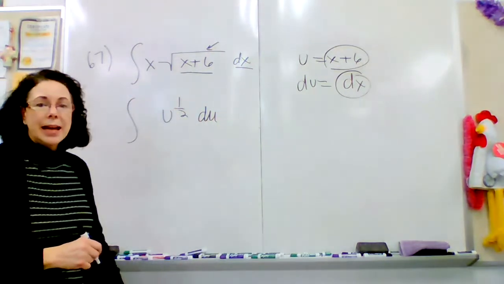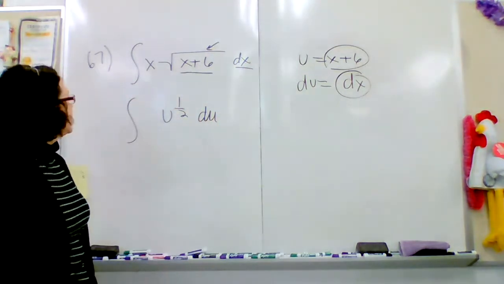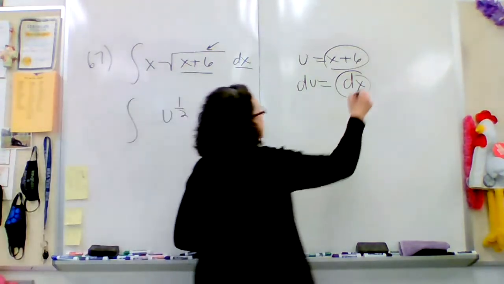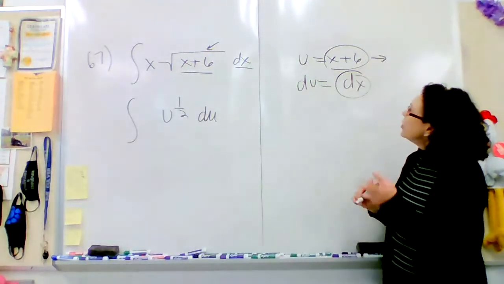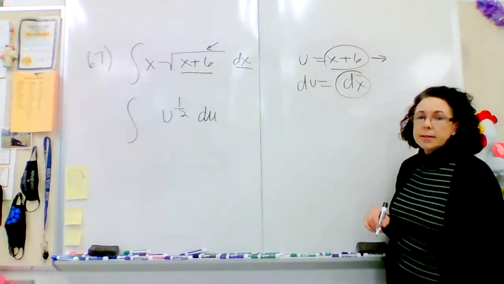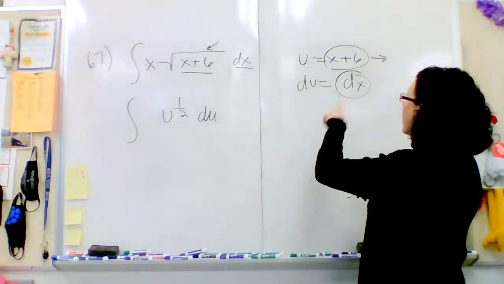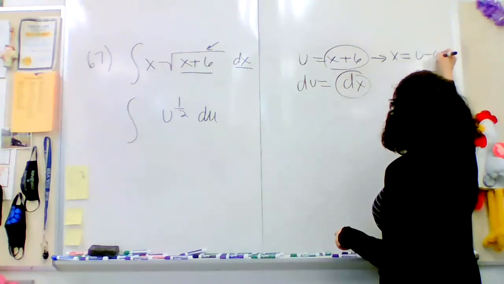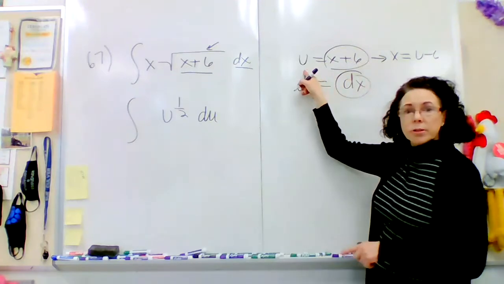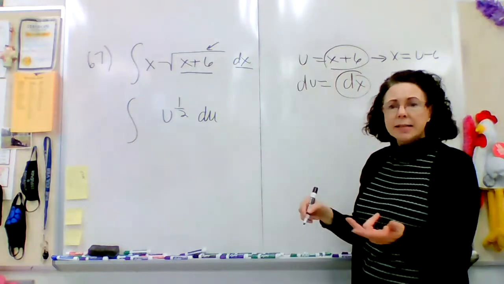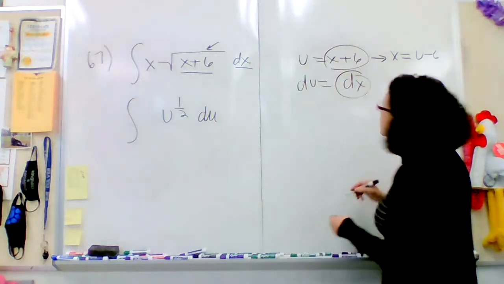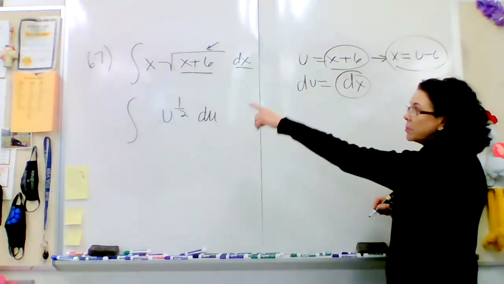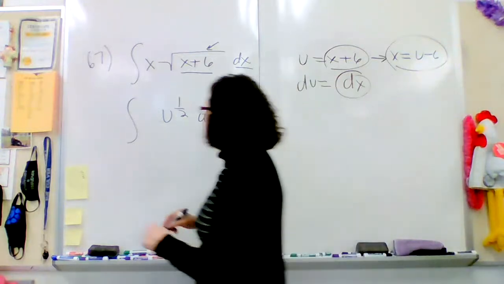I have this x hanging out here, and I have to make it a u. So what do I do? Look at your first step right here. If u is equal to x plus 6, isn't x equal to u minus 6? If I subtract a 6 from both sides, can't I just rewrite this nice little equation so it says x equals u minus 6, right? Now, can't I replace that x with u minus 6?